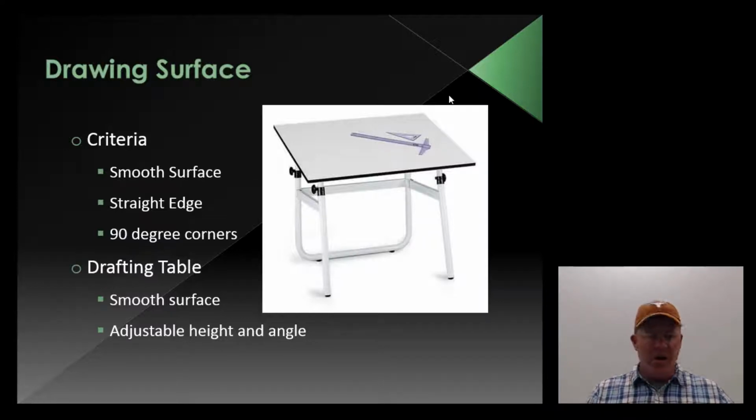And they come in smaller sizes, 24 by 36. I've seen even a smaller one that you can keep in your truck, pull it out, and set it up on the hood if you have to make some changes or lay your plans on it. So a real valuable tool that's good to have, and one that you've got to have if you're going to be doing design for either irrigation or landscape work.